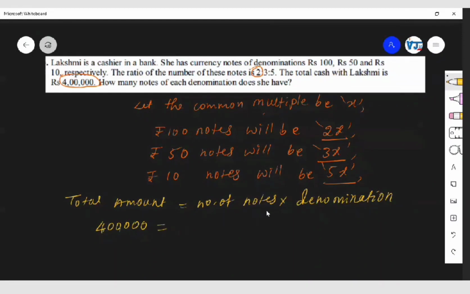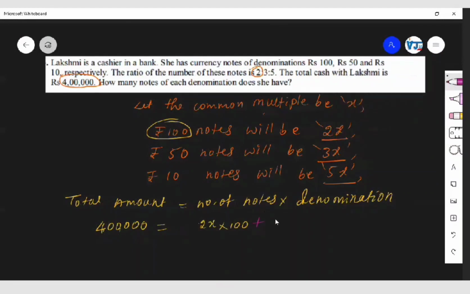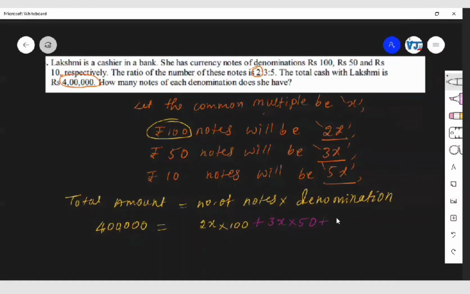That is equal to number of notes, we have to take one by one. What about the number of notes of 100? 2x. And what is the denomination of 2x? 100. Then plus 3x multiplied by 50, plus 5x multiplied by 10.